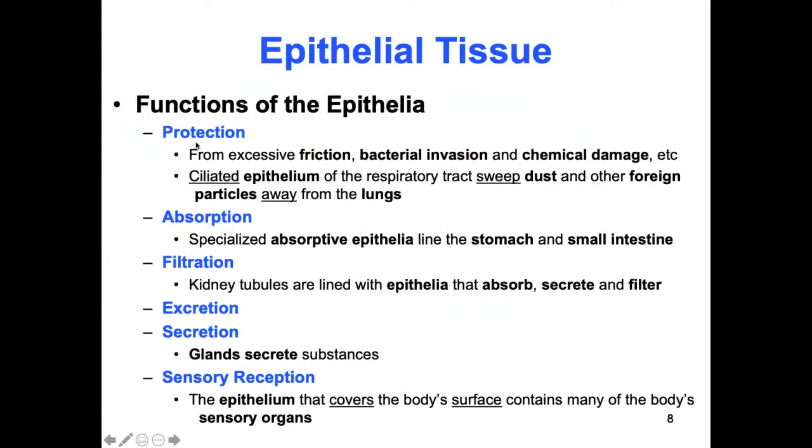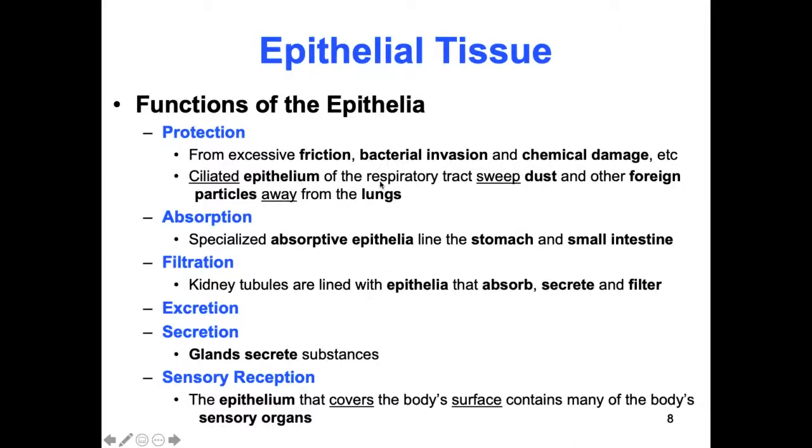So when we look at functions, you're going to have epithelium that can protect us from excessive friction or a bacterial invasion or chemical damage, like the skin. We have cilia that can be associated with epithelium.